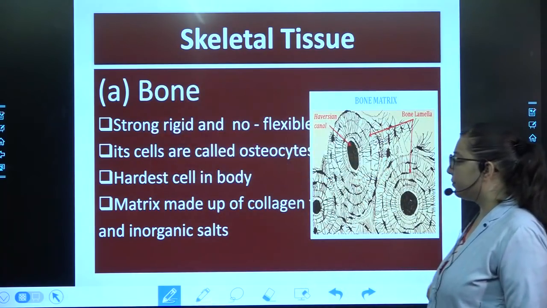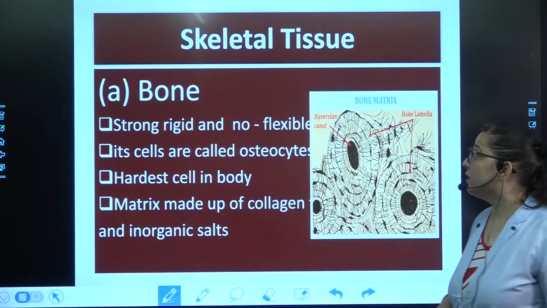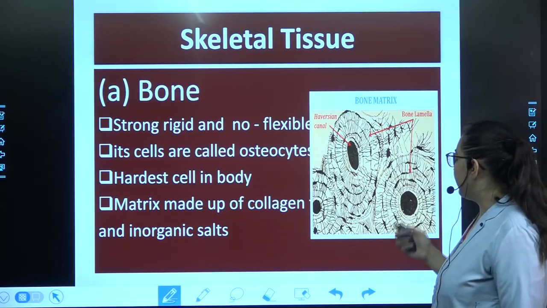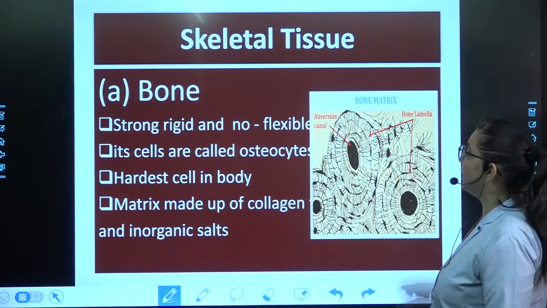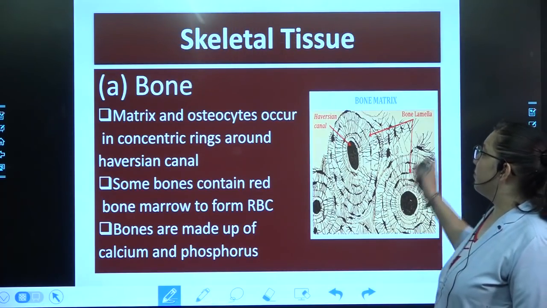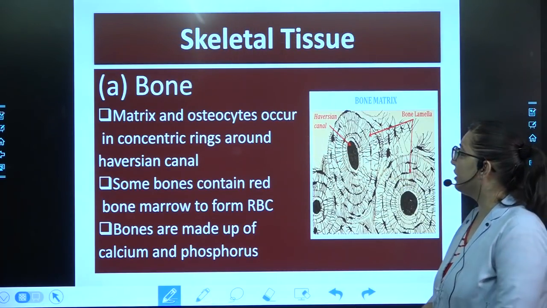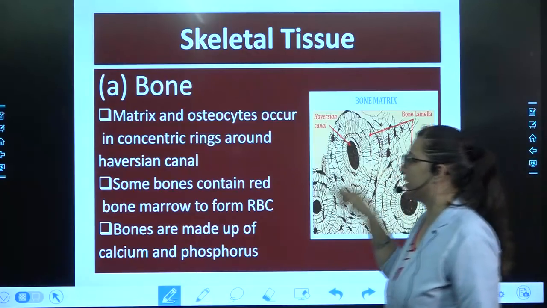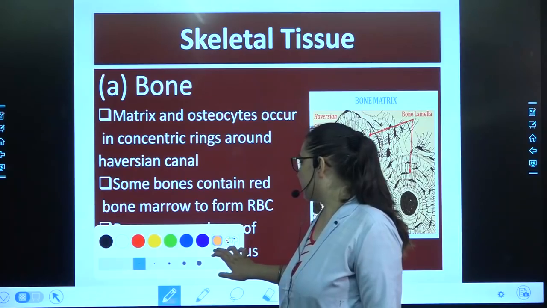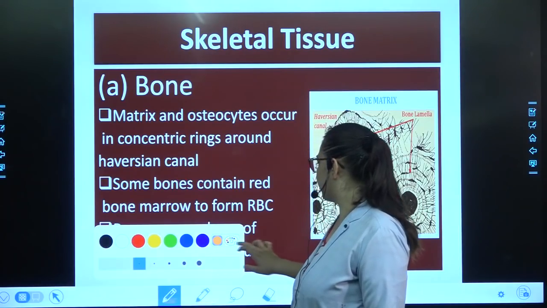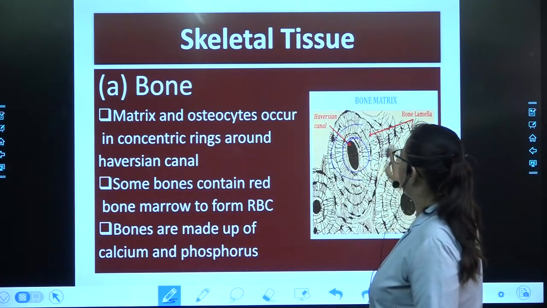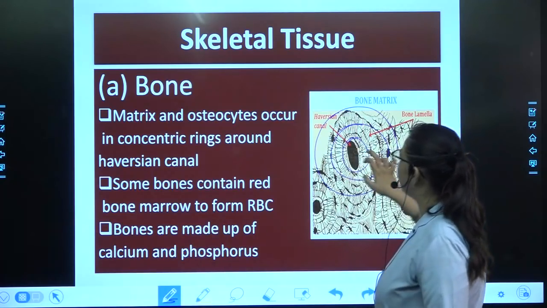Let's move further on to the next part of this skeletal tissue. There we are going to study this particular diagram. You can see the matrix of osteocytes. They occur in the form of concentric rings around the Haversian canal.